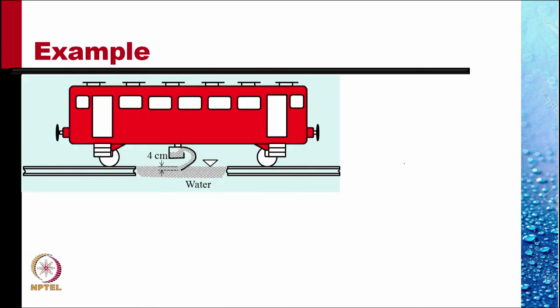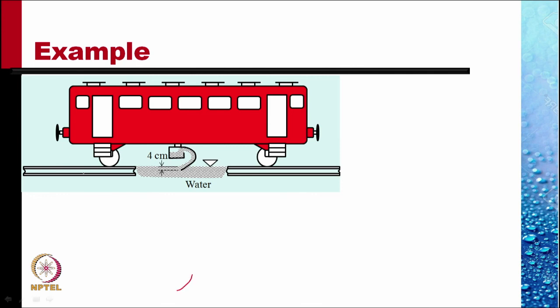Let's take another example. In very old days, the long distance trains used to pick up water for their use from a ditch which was running parallel to the rails. The water was scooped up.